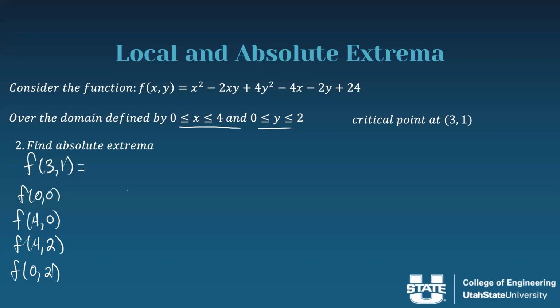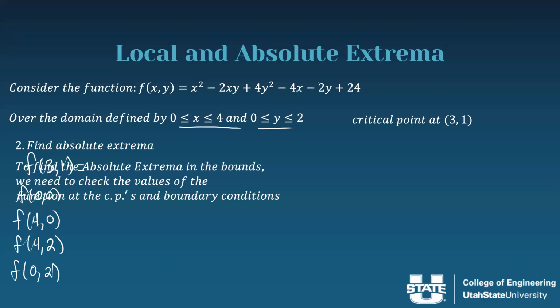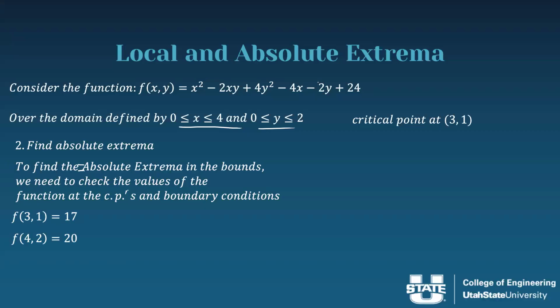That's just plug and chug. We get f of (3, 1) is 17, f of (4, 2) is 20, f of (0, 0) is 24, f of (0, 2) is 36, and f of (4, 0) is 24.